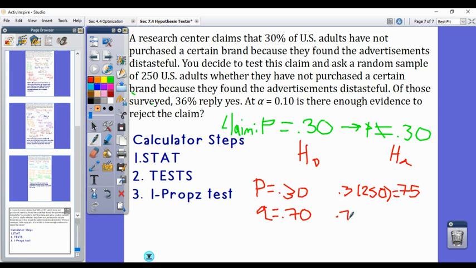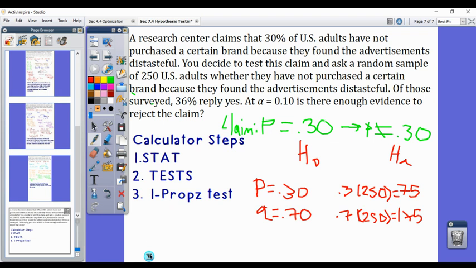And 0.7 times 250 is going to give me 175. Okay, so that works out. So fantastic.